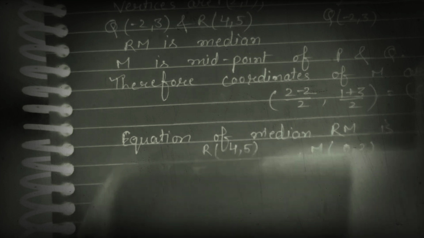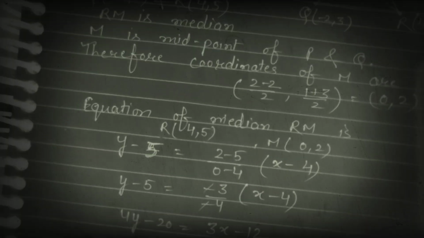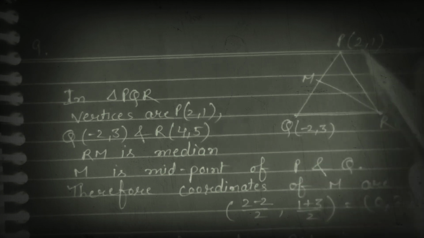Now come to question number 9. The vertices of triangle PQR are P is (2, 1), Q is (minus 2, 3) and R is (4, 5). Find the equation of the median through the vertex R. We have to find the equation of the median. So in this question, this is triangle PQR whose vertices are given.